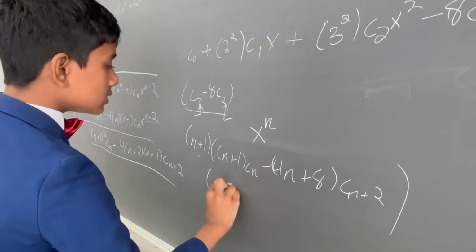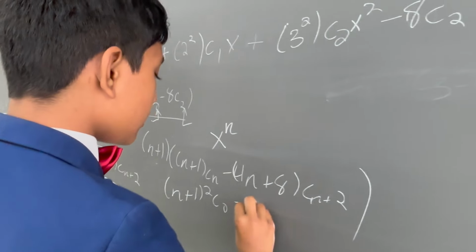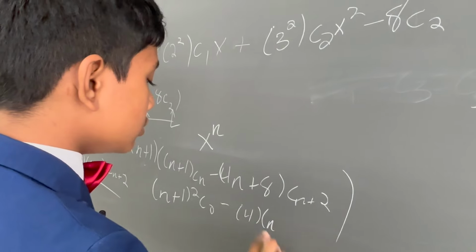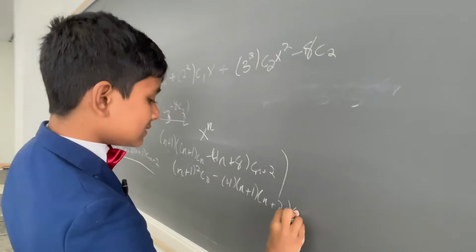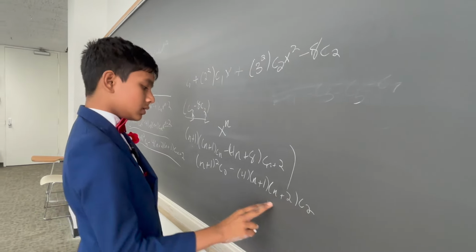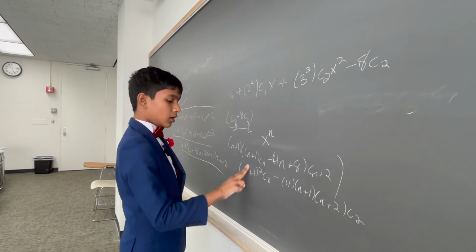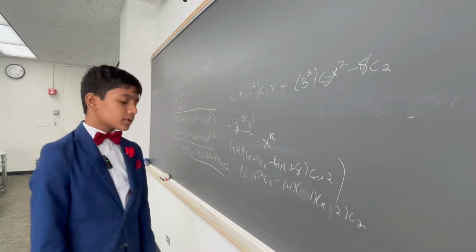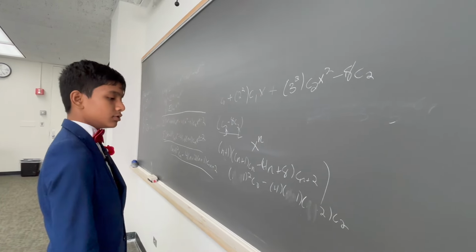We get (n+1) squared c0 minus 4 times (n+1)(n+2) c2. So in this case, we can just erase all of the n's since they go to 0. So we get minus 4 times 1 times 2 times c2.